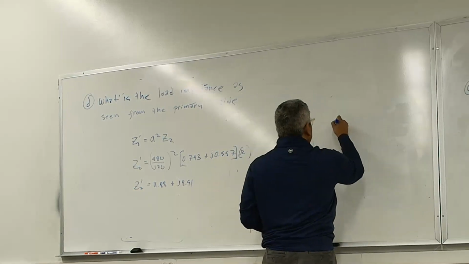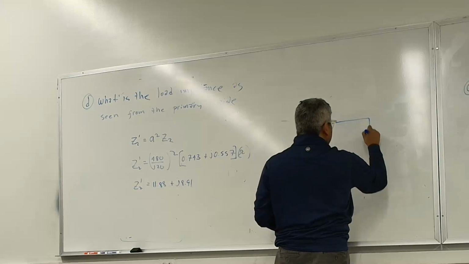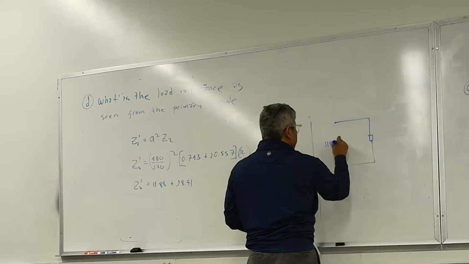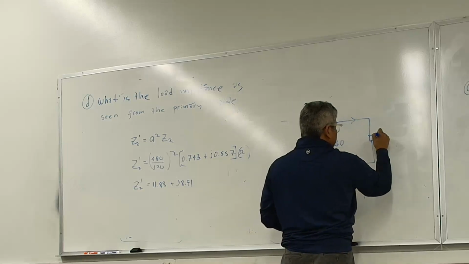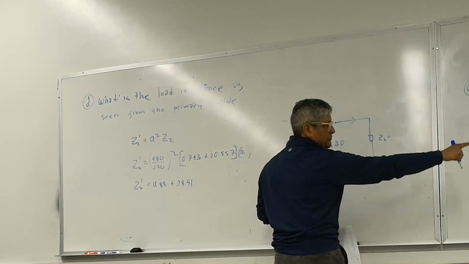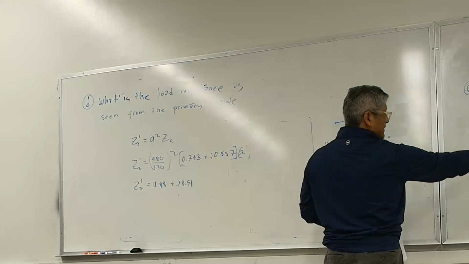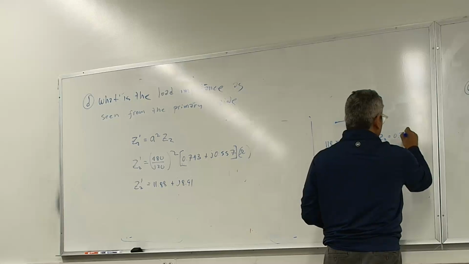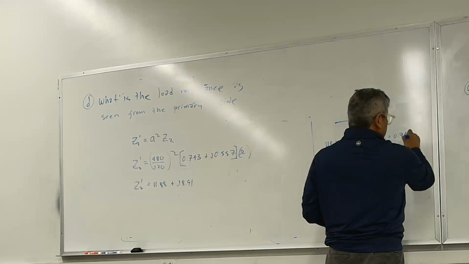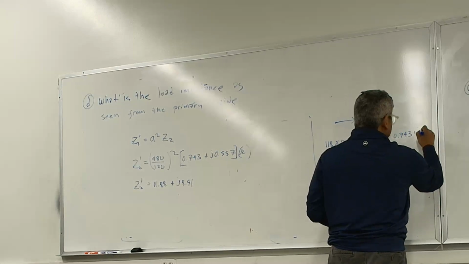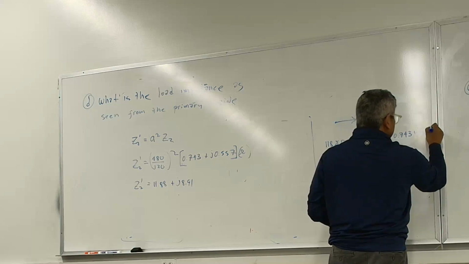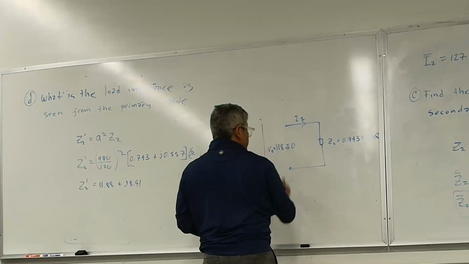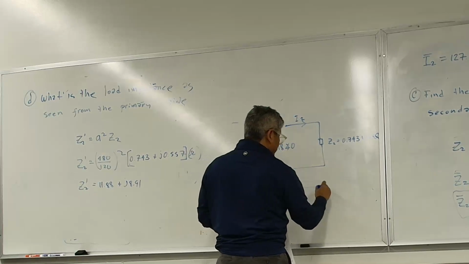The first one is going to be something like this. 118 angle 0 degrees, and this is Z2, which is equal to 0.743 plus j0.557. And this is I2, of course, this is V2, of course, or you can solve it this way.